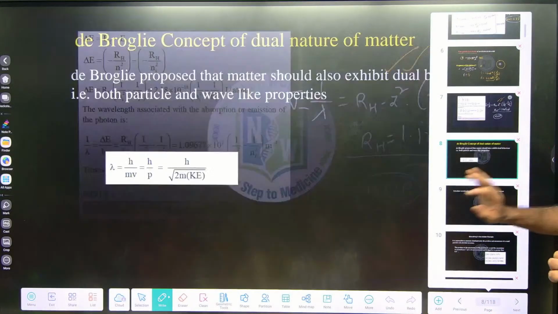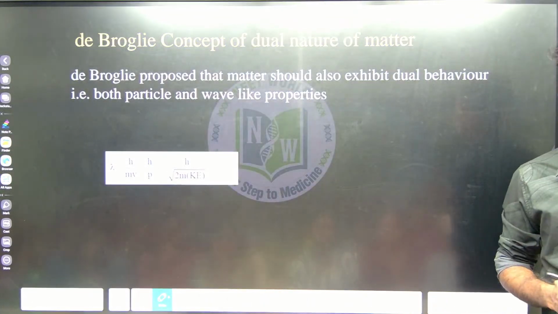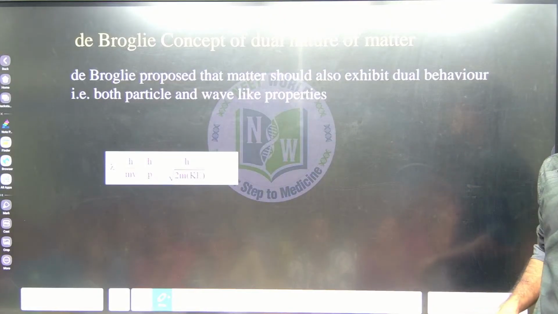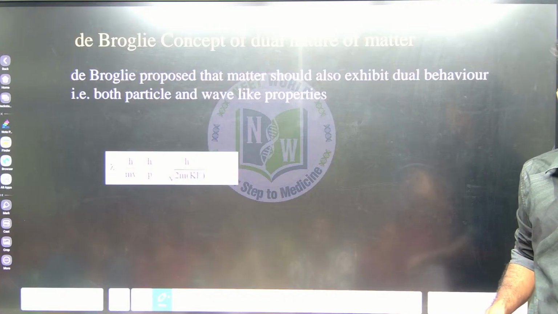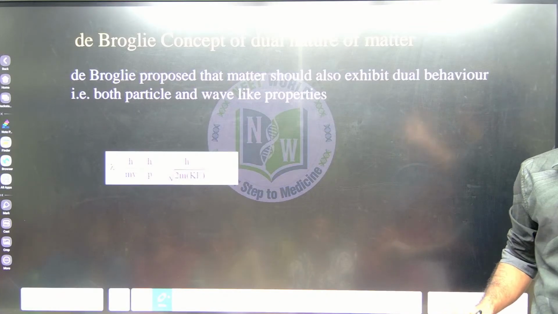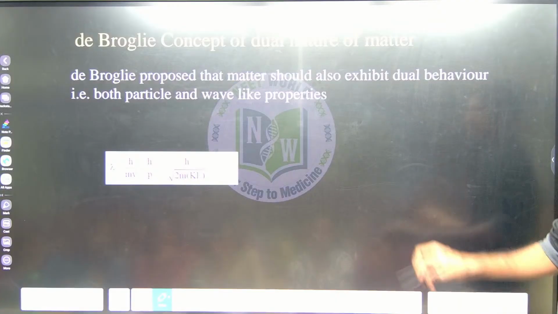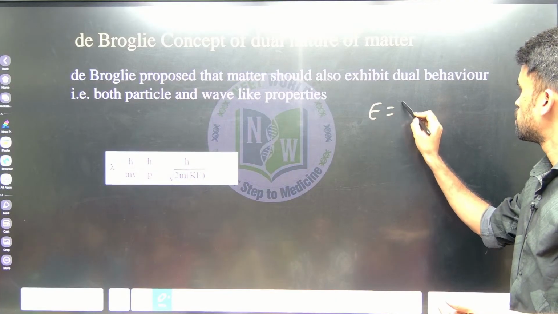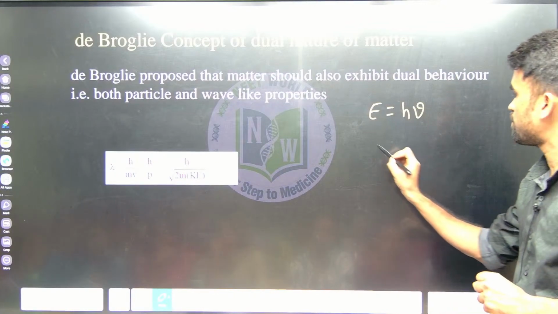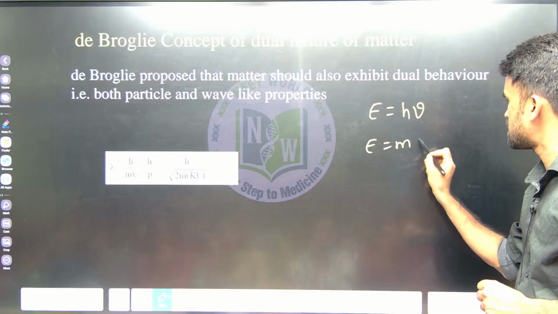The next one, here we have de Broglie's hypothesis, the dual nature. Dual nature means light has two natures. Now, Planck's quantum theory we have studied: E is equals to h nu. And from Einstein's relation we have E is equals to mc square.